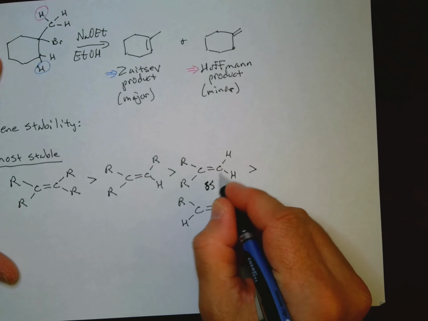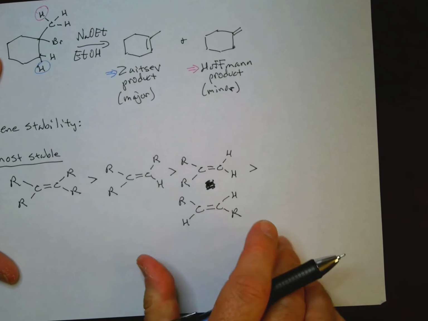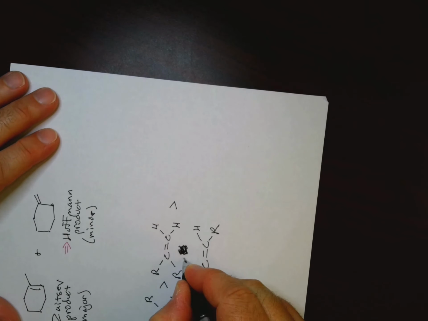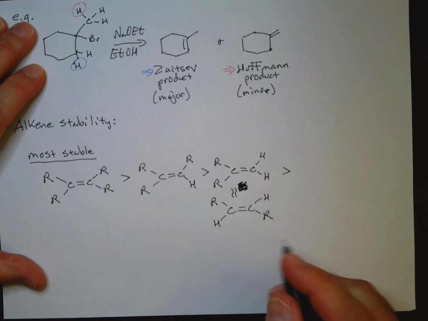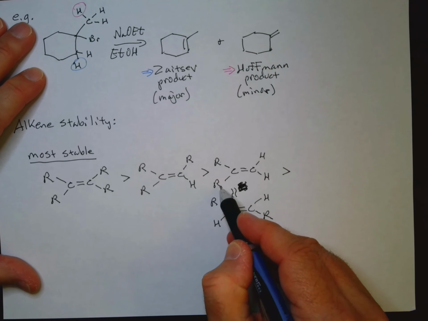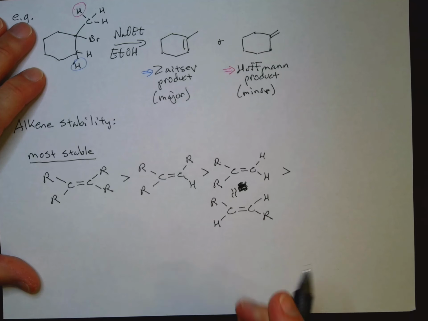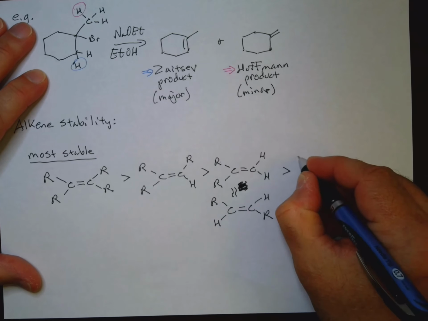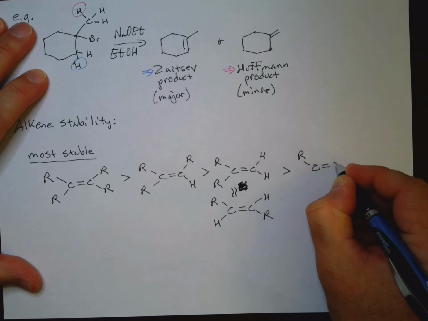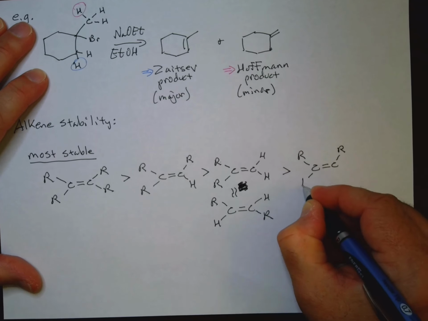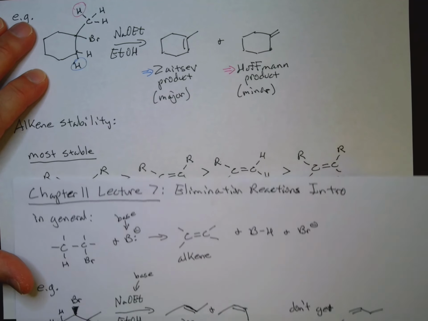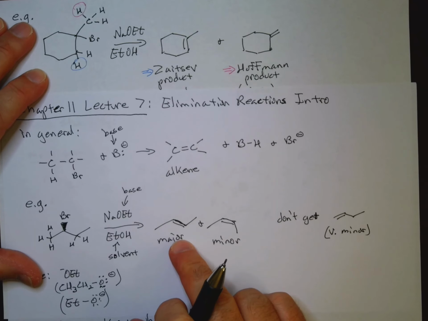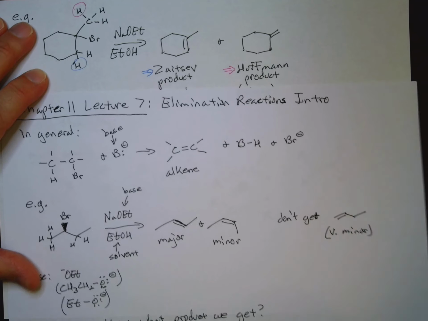Those are supposed to be little tildes, a bent equal sign. Anyway, the geminal disubstituted and the trans are about the same stability. Cis is less stable. So that explains why before we got the trans as a major product and the cis as the minor product.